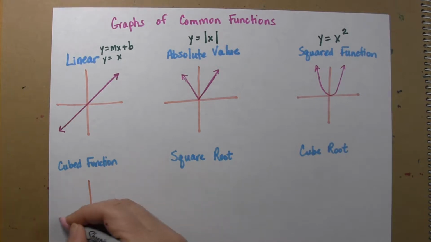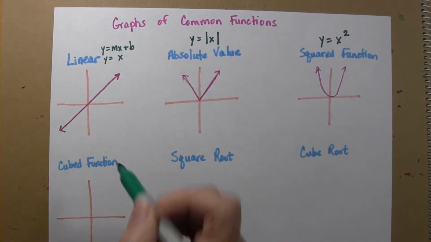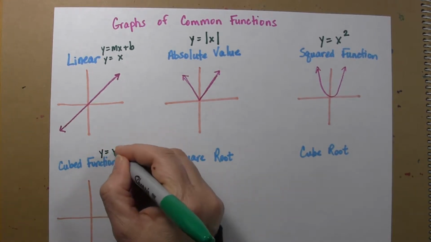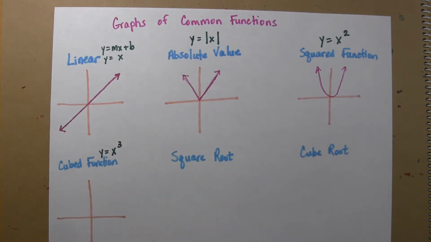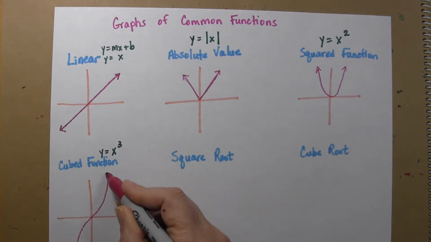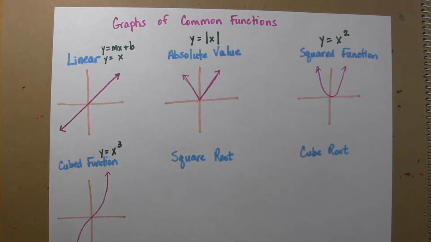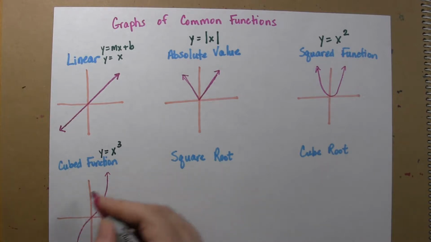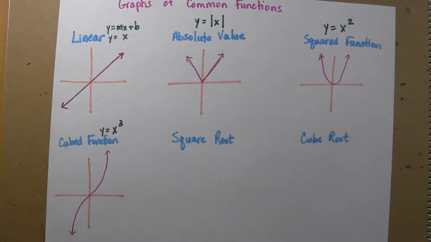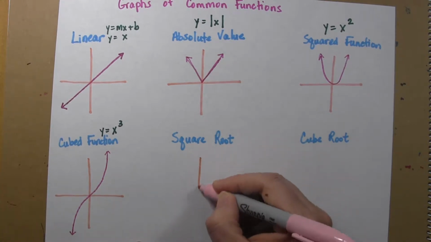If you're doing x cubed, so y equals x cubed, then you get a very fun to draw kind of curvy S-shaped thing. Sometimes it's like an S, sometimes it's the reverse of an S, but you get this S-shaped thingamajig going on.